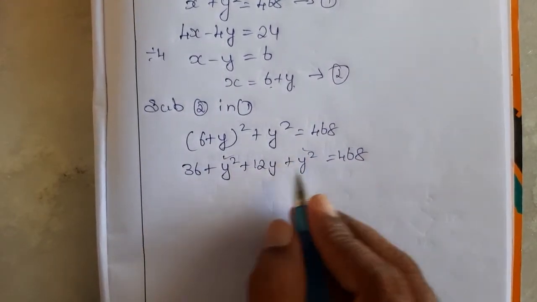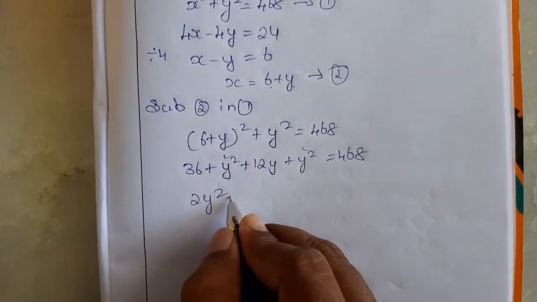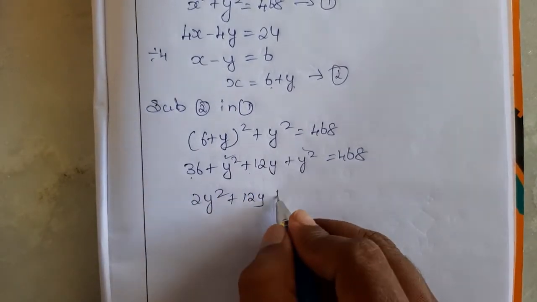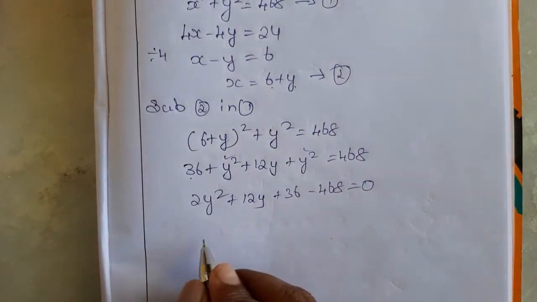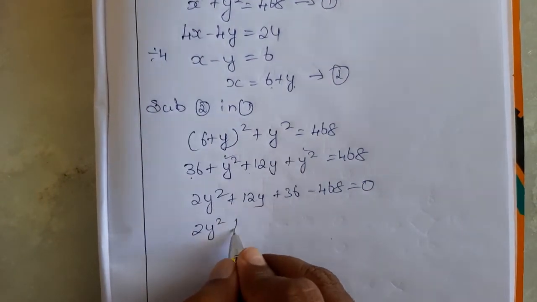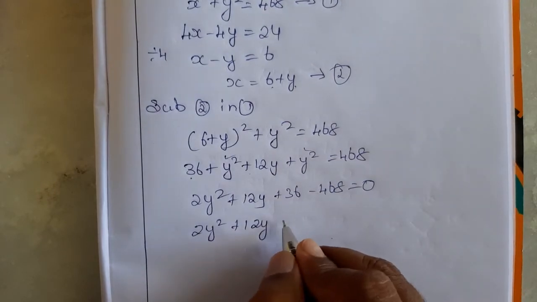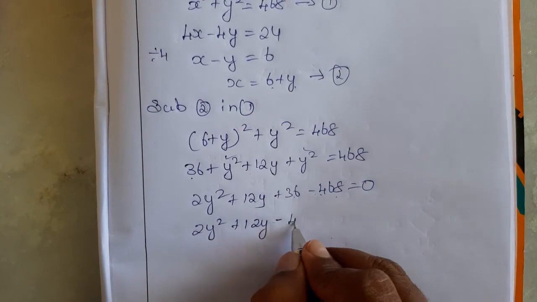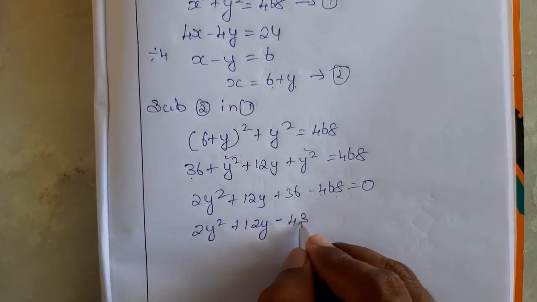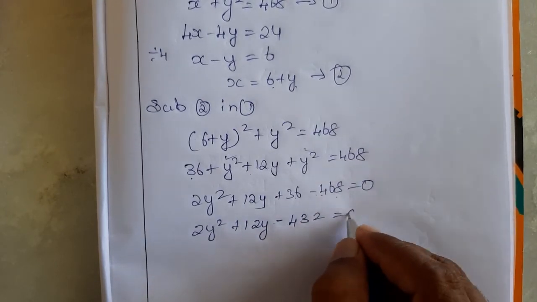So 2y squared plus 12y plus 36 minus 468 equals 0, which gives 2y squared plus 12y minus 432 equals 0.